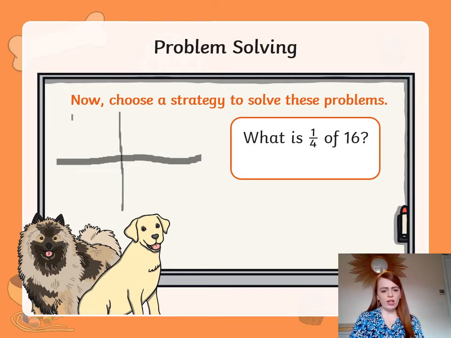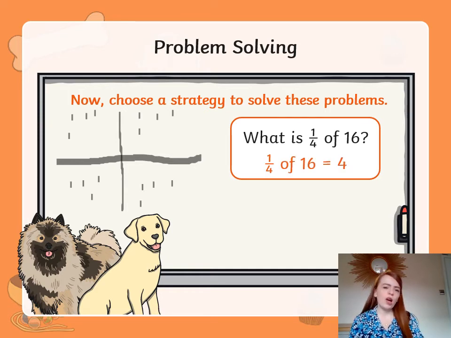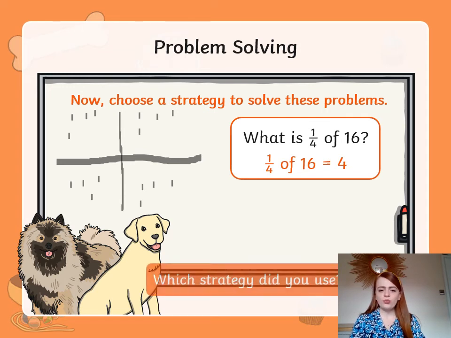So I've got 1, 2, 3, 4, 5, 6, 7, 8, 9, 10, 11, 12, 13, 14, 15, 16. So I have split 16 amongst 4 groups, and in each of those groups there are 1, 2, 3, 4. So a quarter of 16 equals 4. I wonder what strategy you are using at home to figure these out. You'll need to let me know.